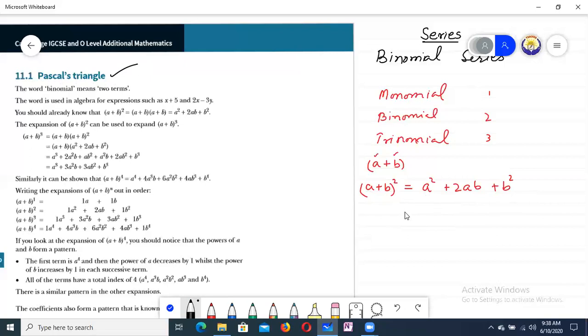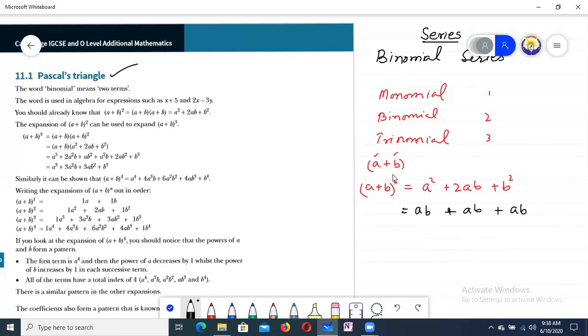First of all, I am expressing this here. There are three terms: 1, 2, and 3. In all the terms, we will write ab. Here ab, in the second term also ab, and in place of the third term also ab.